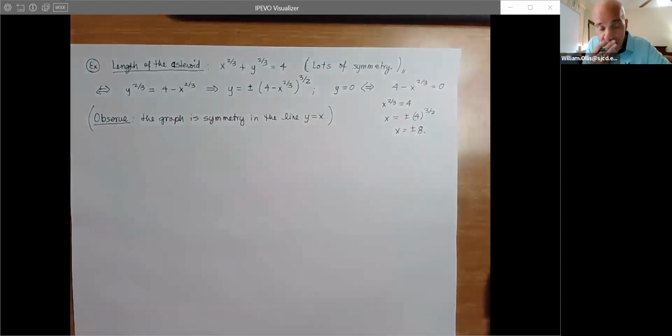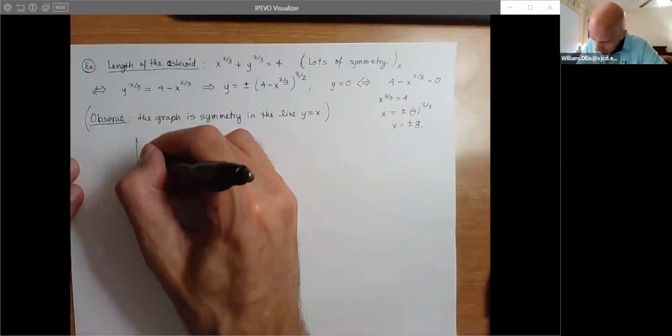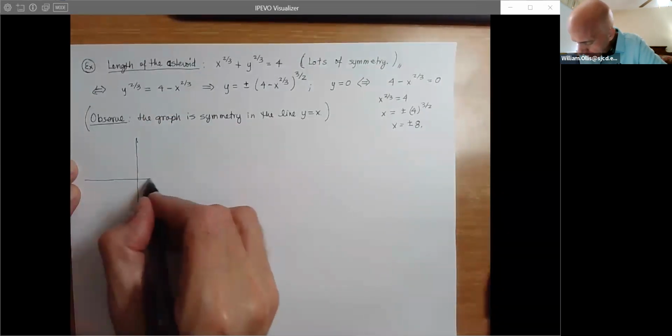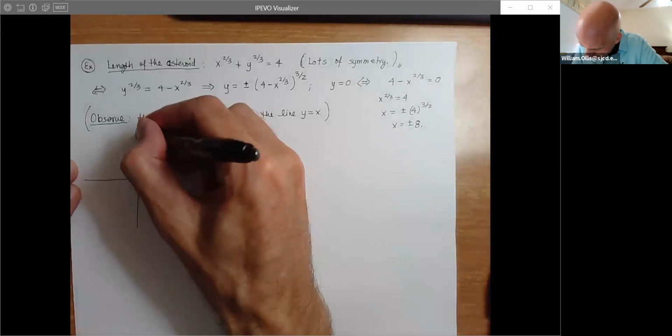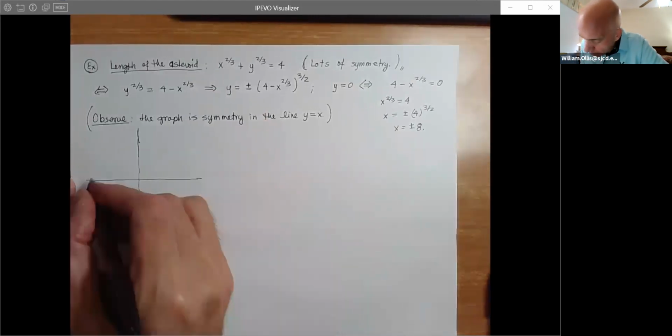So if you think about this and ask what that actually means, let's go ahead and draw what we have here. We have all these 8s running around.